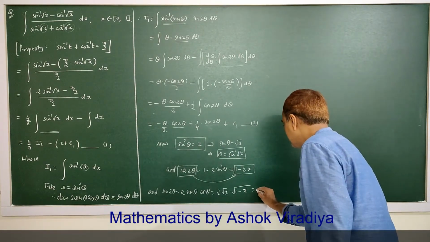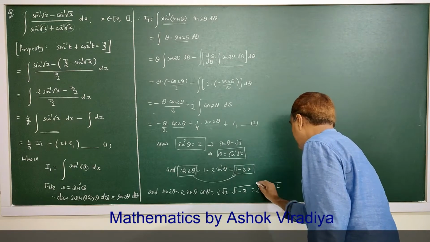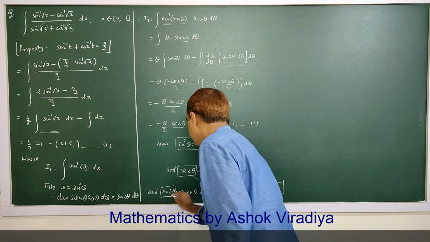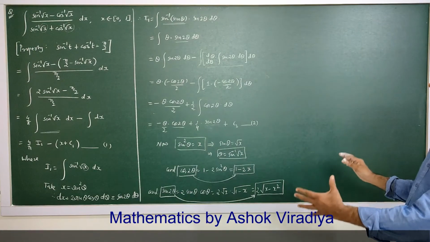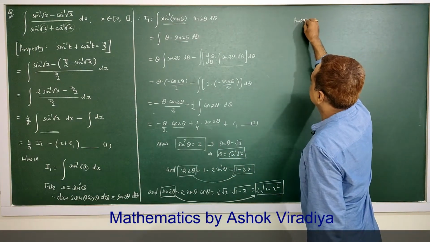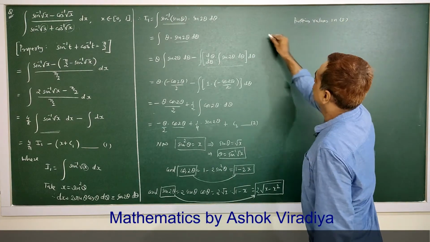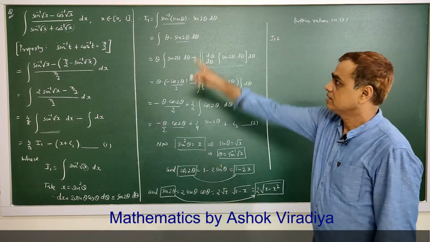So this is 2 root x minus x square, the value of sine 2 theta. So all these values we are putting into the value of I1.